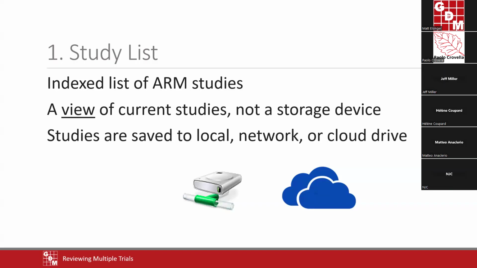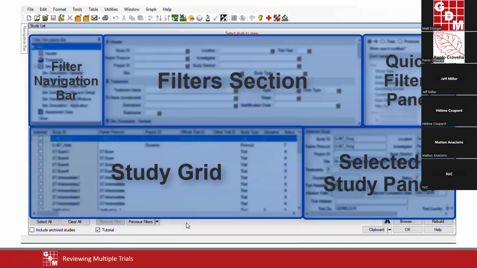So that's the key. That's the key setup for our study list. It's just a tool for us to look at a certain set of files. We're not putting anything in danger if we clear out this list or change things at all.